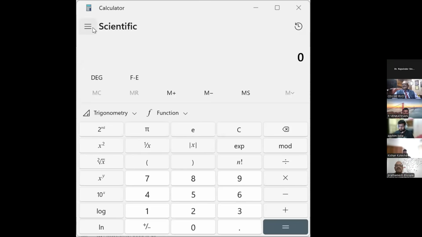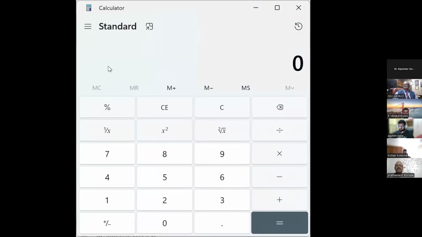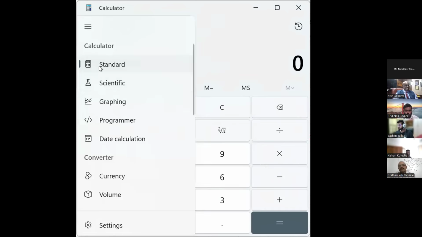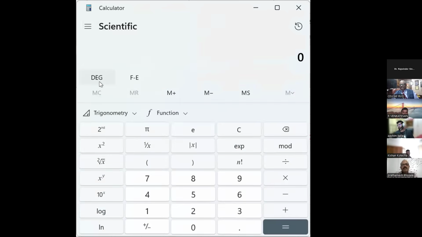See, sir, in the examination, whatever calculator you get will be a standard calculator. On the left side, there are 3 lines. Just click on these lines. You see here, it is standard. This is scientific. Just click on scientific, and you will get a scientific calculator. It is inbuilt in all the PCs.